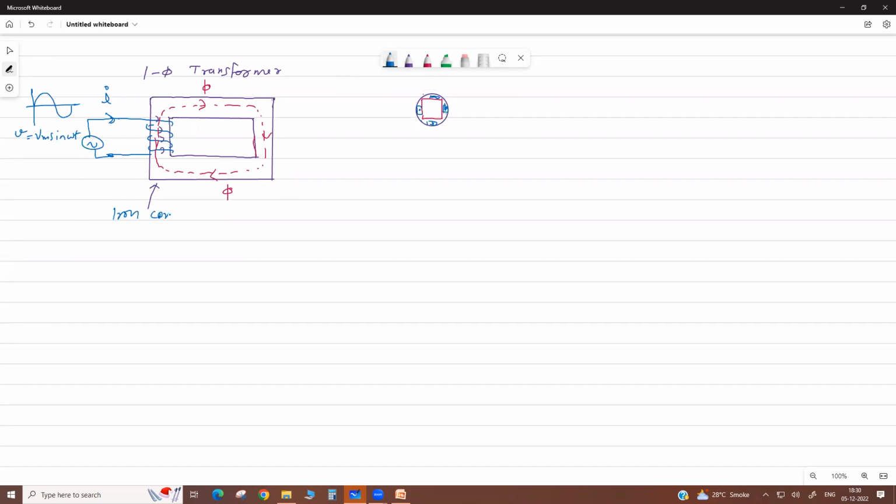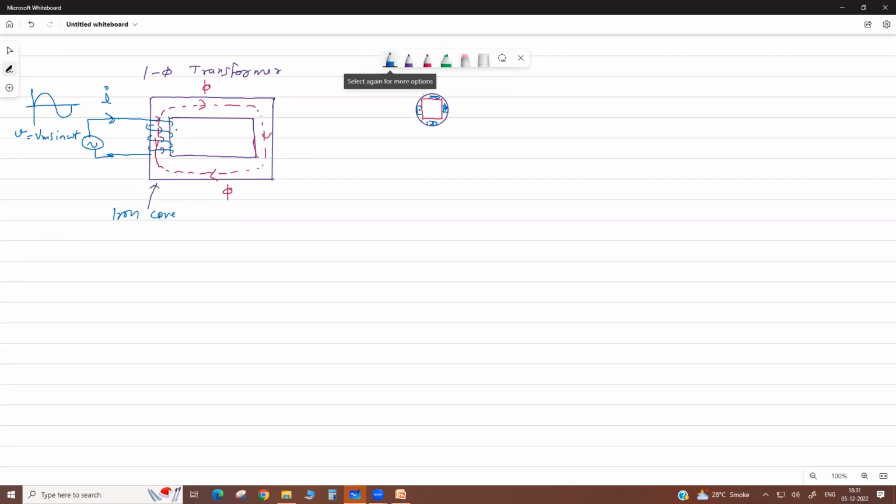Now why we use this iron core? Because soft iron core or silicon steel has a relative permeability of 1,000 times or 10,000 times as compared to paramagnetic material. So it has high permeability and low reluctance.